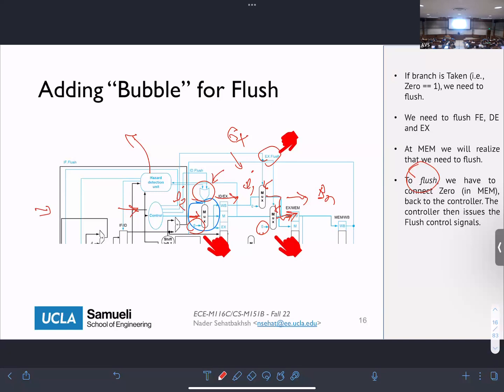And we are basically introducing these new control signals called ID flush and EX flush. And we don't need a mem flush. Basically, all we need to do is just reuse EX flush for our mem flush as well. So that's why you'll see that this signal has been duplicated and is being used here as well. Okay.